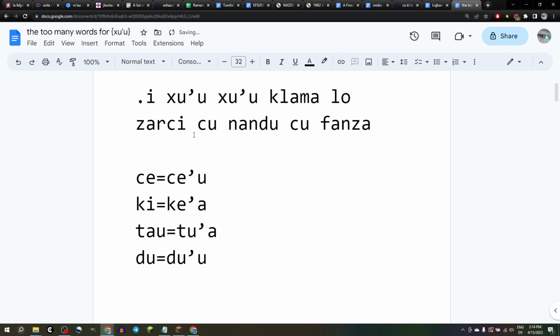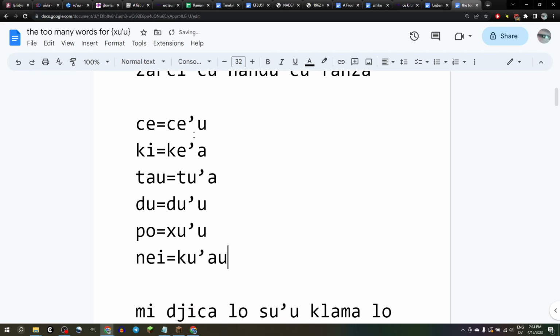Everyone was doing that. That's how everyone's talking. And I was like, well, is there a short form for hoo, because I just had enough of saying hoo. And I looked in a document and it said po is what was for hoo and nay for kuhau. I was like, all right, fine. Po nay. All right, that's great.